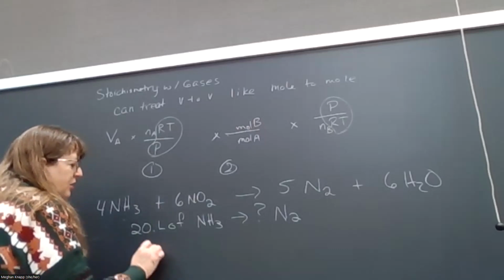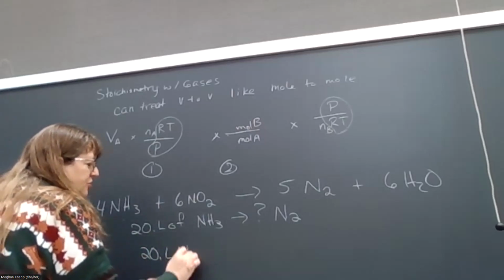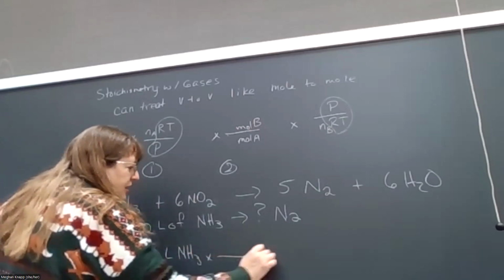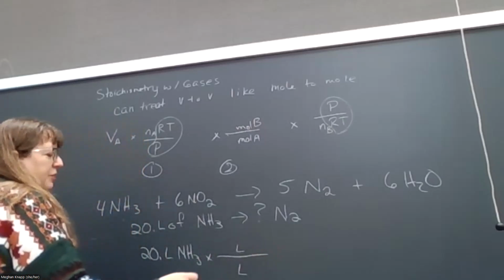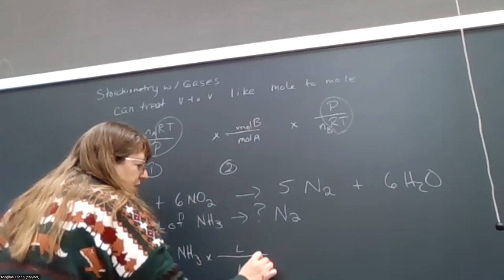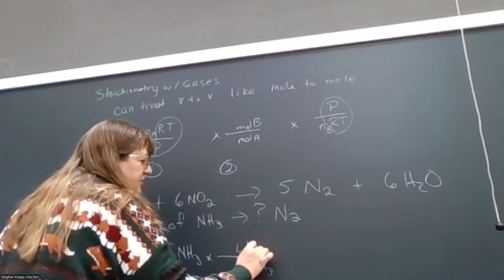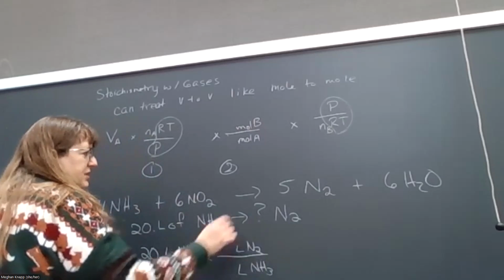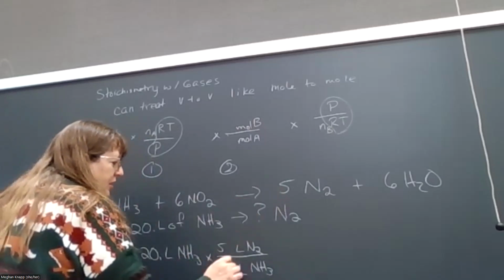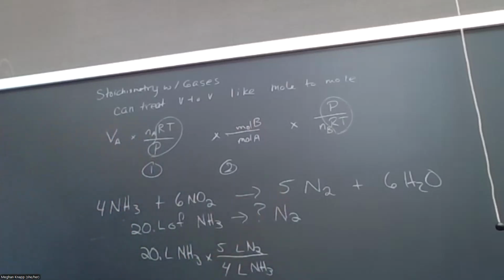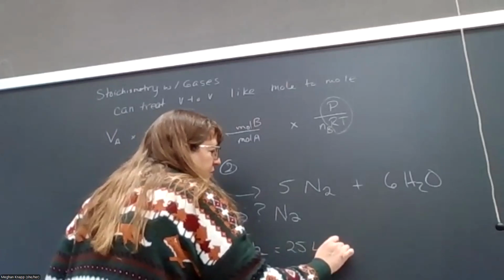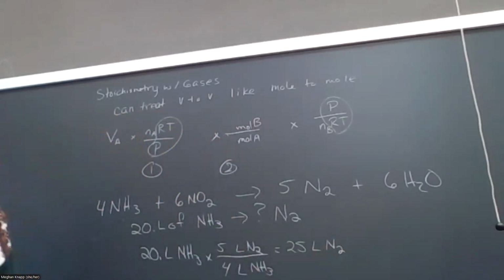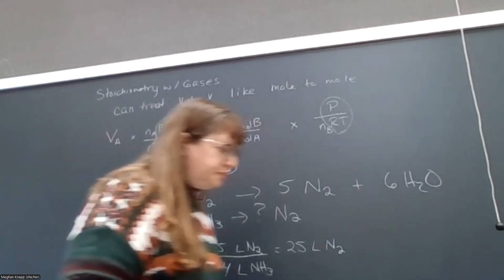But I can say 20 liters of NH3 times, and here we can just use liters instead of moles, liters of NH3 on the bottom, liters of N2 on the top. And I would say the 5 from here and the 4 from here. And I would end up with 25 liters of N2. Okay, so not too bad there.